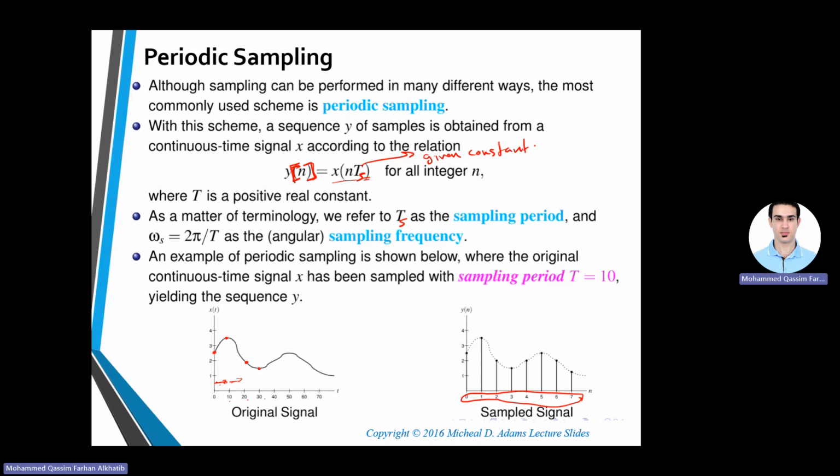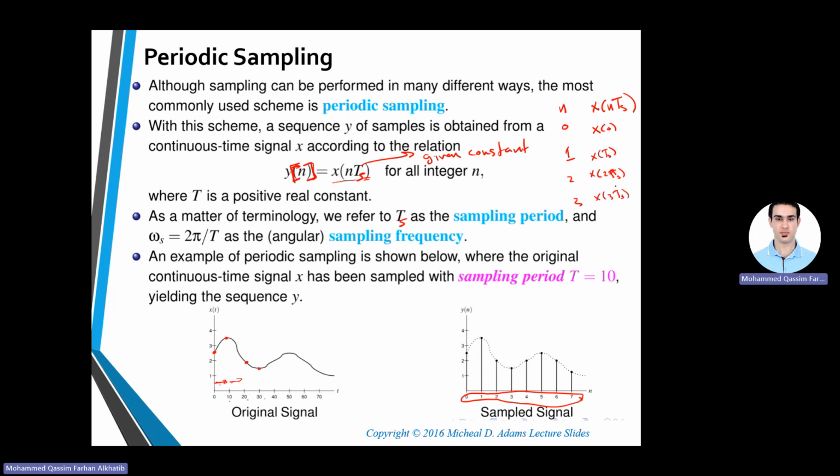So how to do sampling? Simply, you can fill a table. This is n, and this is x of n Ts. If I have 0, then I'm going to take x of 0. For 1, x of Ts, for 2, x of 2Ts, for 3, x of 3Ts.